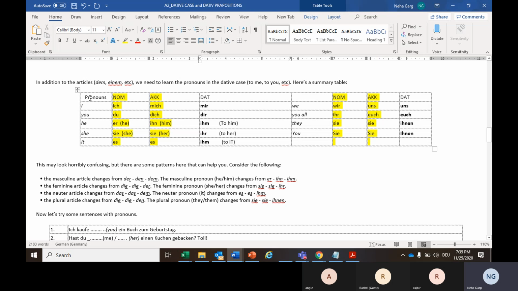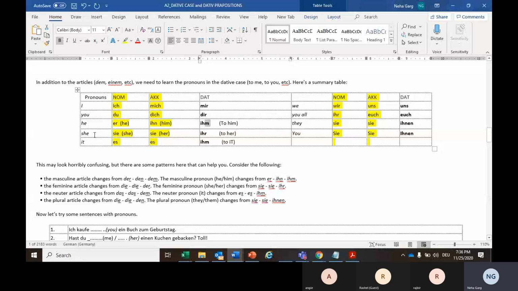So "I" is ich, mich and mir: I, me and to me. Nominative, accusative and dative. Du, dich and dir: you, and then to you or for you, dir. Similarly for he: er, ihn, ihm: he, him and to him.